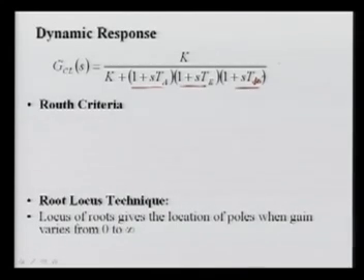The denominator of this closed loop transfer function must be 0. So the characteristic equation Q(s) is k plus (1 plus sTA)(1 plus sTE)(1 plus sTdo prime).